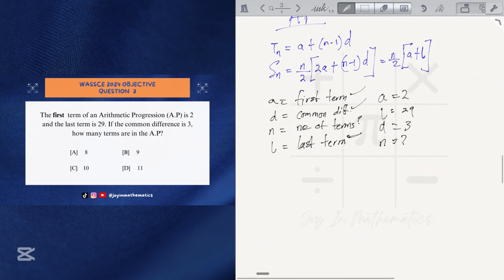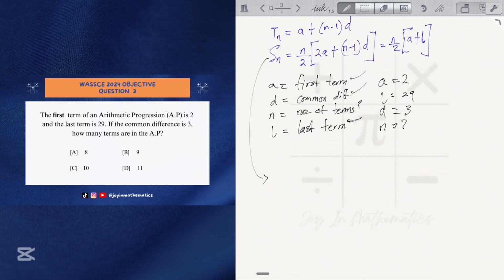So how do we go about from here? If you look closely, we have that Sn, the sum of n terms, is equal to n over 2 into 2a plus n minus 1 d. Similarly, we have this to be n over 2 into a plus l, where l is the last term. Now we can find an expression for the last term.